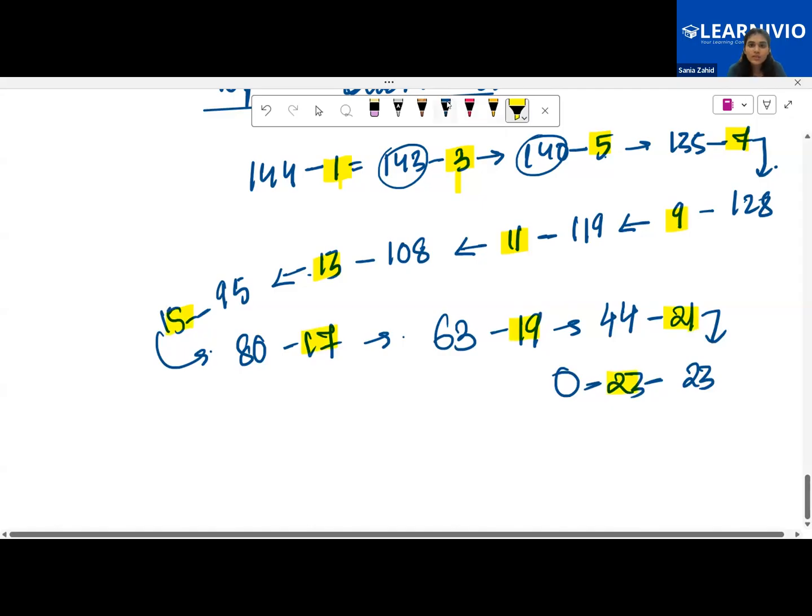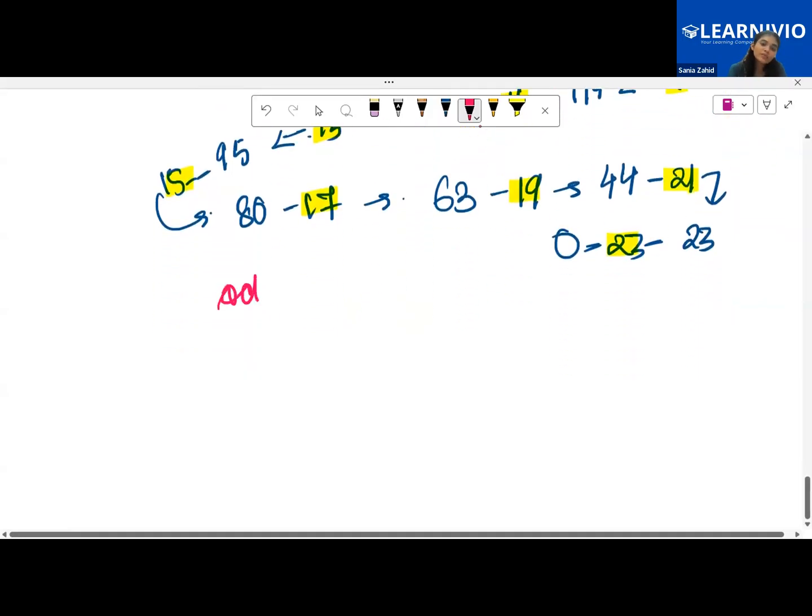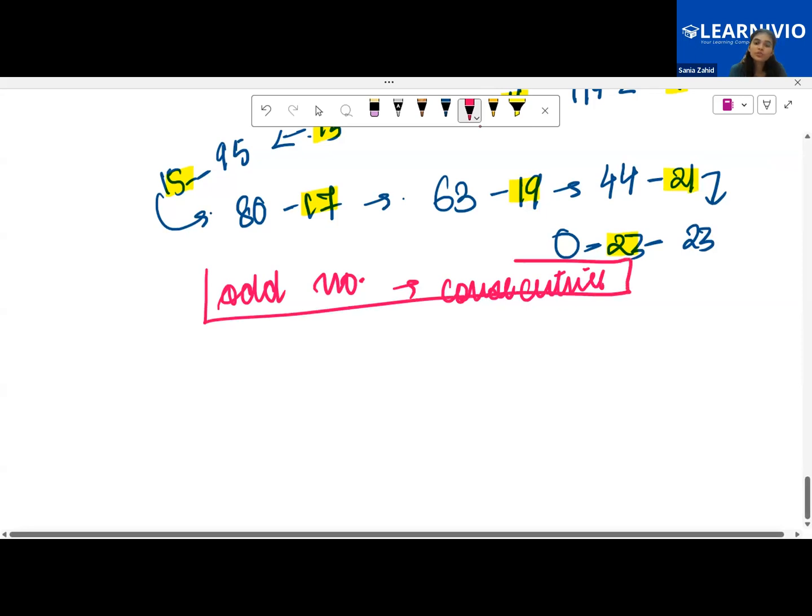Now all of these are odd numbers, and these are consecutive odd numbers. Right? Now, what do I do with consecutive odd numbers?